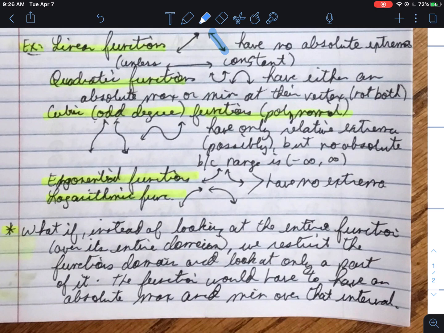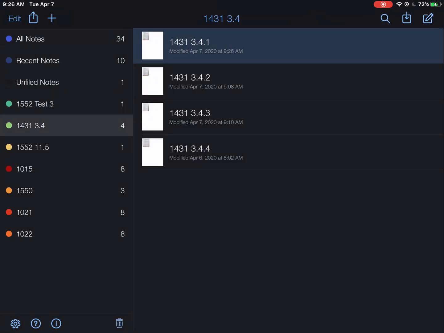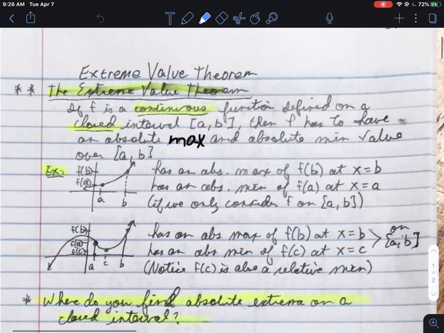Because if we're just going to cut it off, even if that happens to occur at the endpoints, I guarantee you there's going to be one. That's a little bit more relevant to real world applications, where you're not always interested in the entire function, but just the function within a certain region or a certain interval.